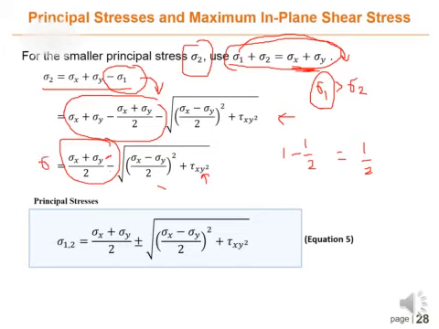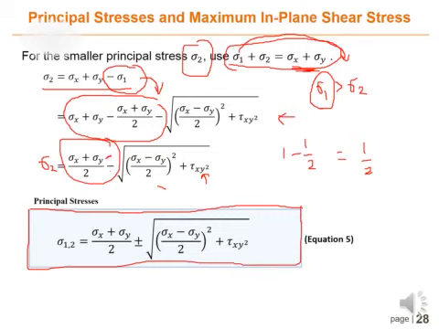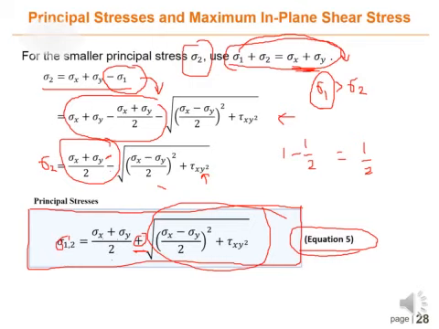This is the equation for sigma 2. So you can make it like this: principal stresses sigma 1 and sigma 2 equal sigma x plus sigma y over 2 plus and minus. That means for sigma 1 you use plus, and for sigma 2 you use minus. Okay, so this one is equation number 5.